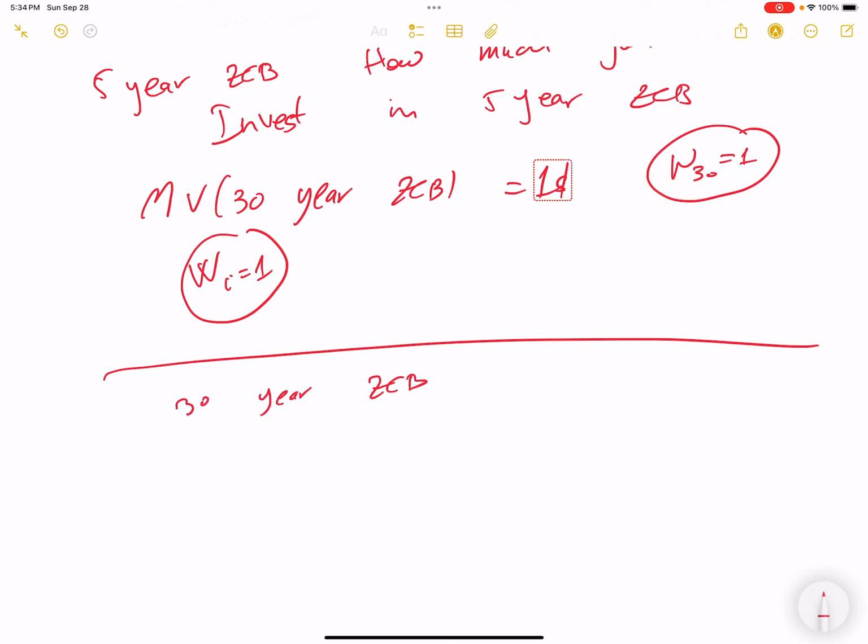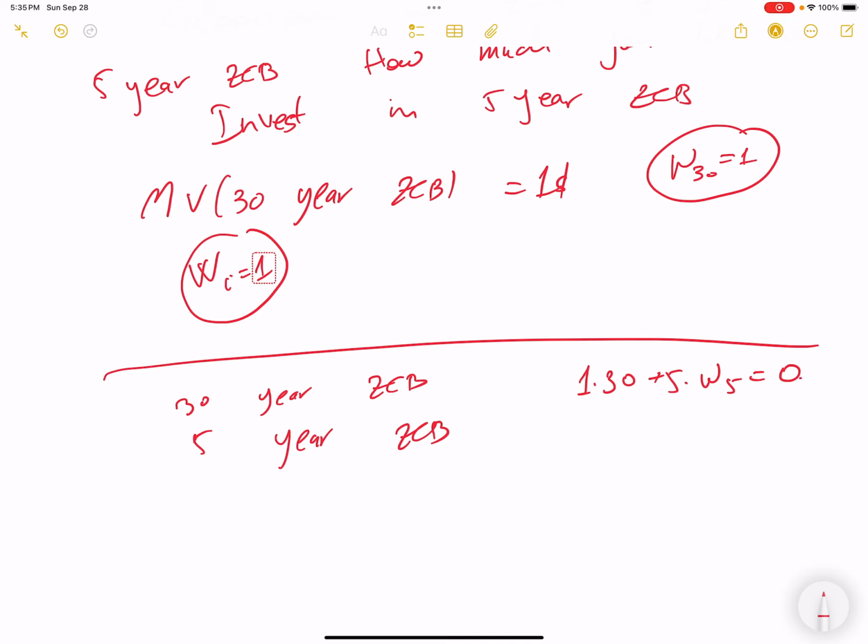You have a 5-year zero coupon bond, and you may have some cash. Now, cash doesn't matter because the duration of the cash is 0. So you want to concentrate on these two, okay? And hence, you have the following equation. You have 1 times 30, and then plus 5 times W5, right?